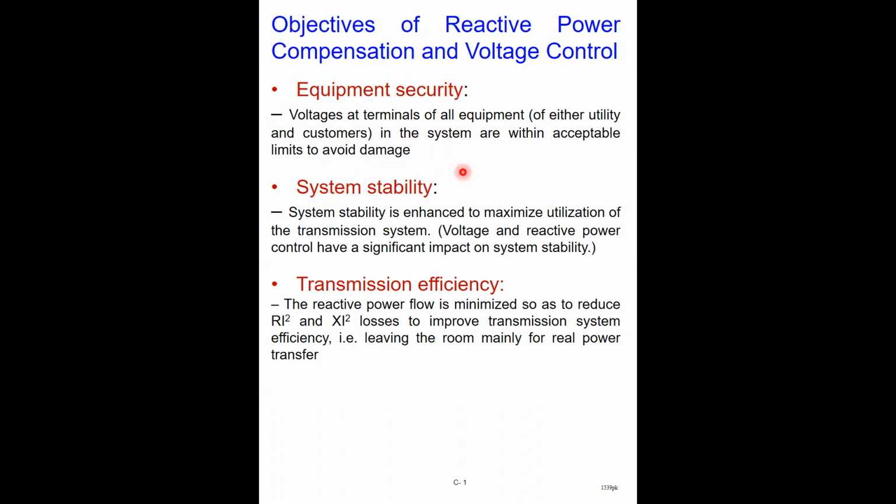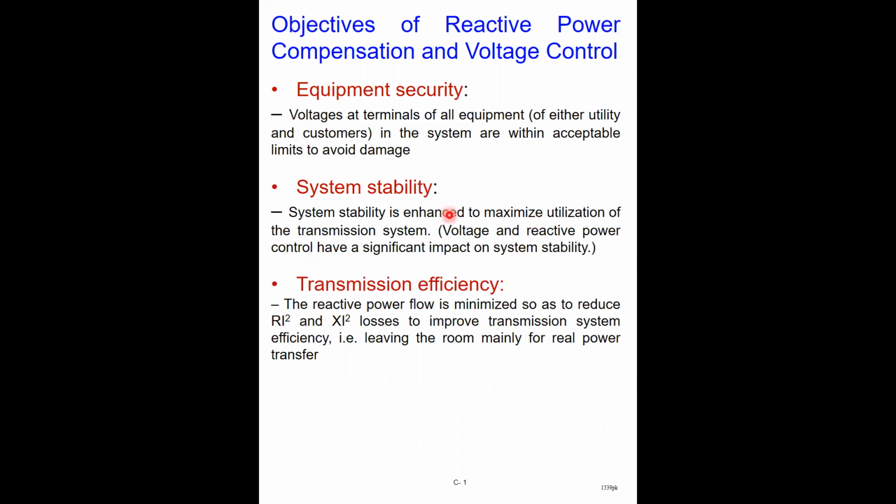The second part is that we want system integration, and we talk about the voltage stability in the system. Thus the voltages at every bus in the interconnected system should be within the limits.